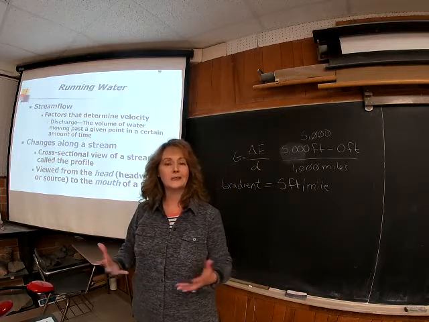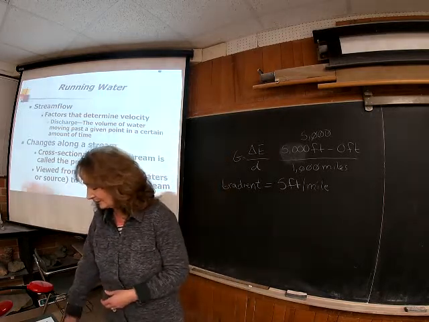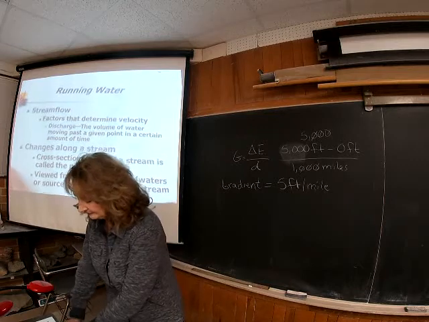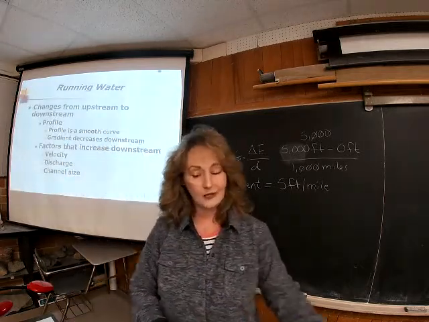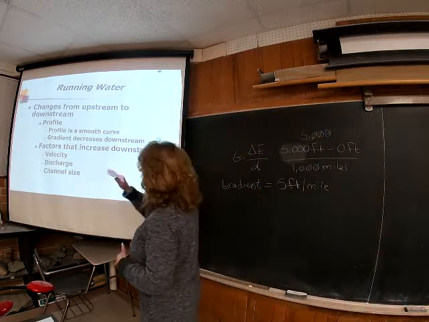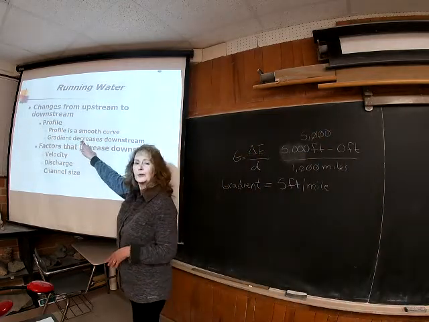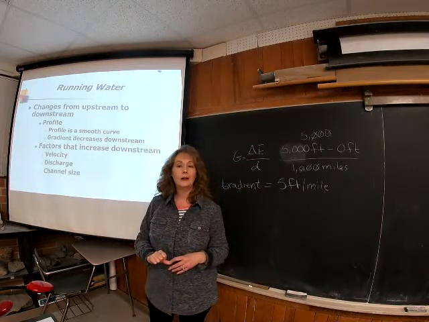Ultimate base level would be the ocean. All of those things can change as you go. So the profile is a smooth curve, and of course your gradient is going to decrease downstream.